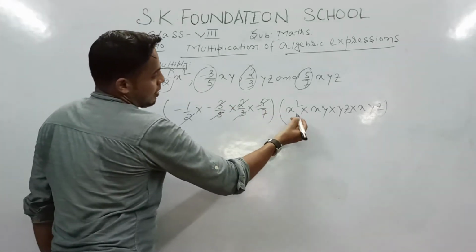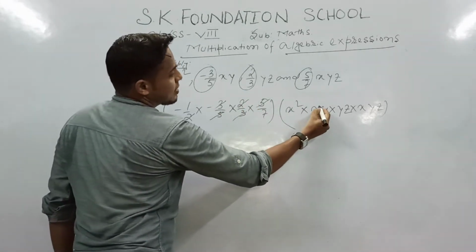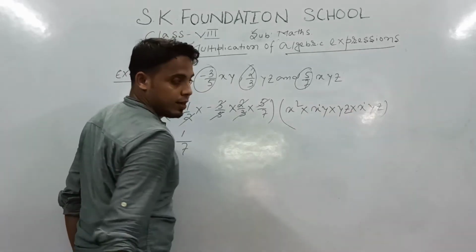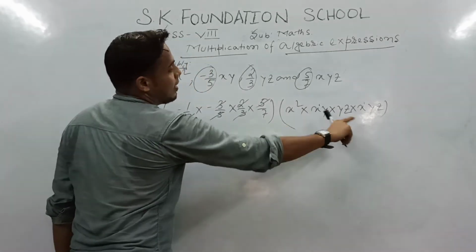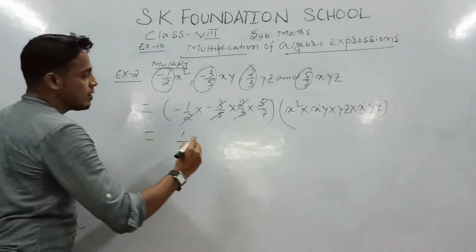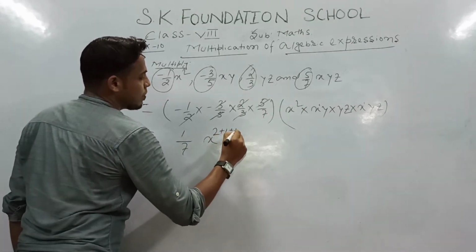Look at it. In the first term x contained power 2, in the second term x contained power nothing, means 1, and here x contained power only 1. So their bases are the same and the terms are in multiplication form. That's why the powers are added. That's why x to the power 2 plus 1 plus 1.